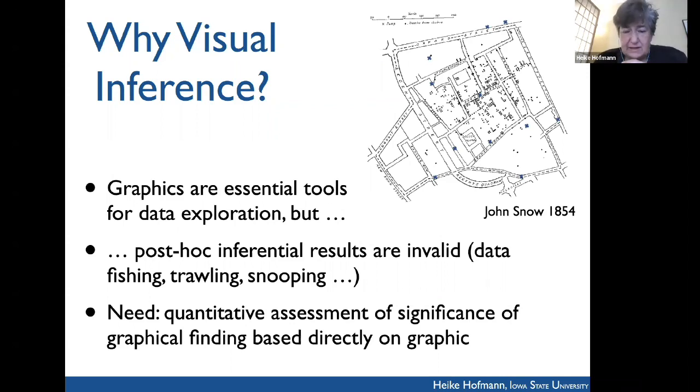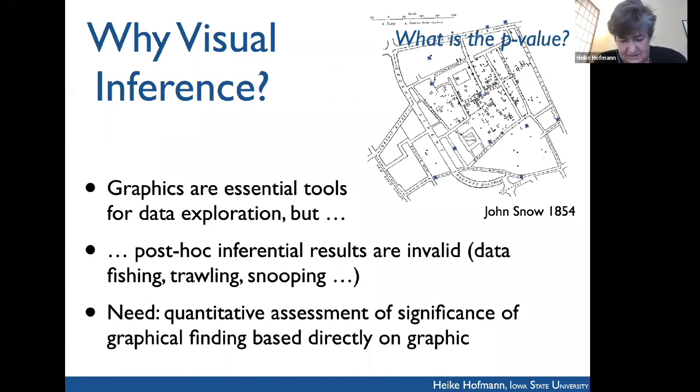And when he was trying to provide this map as evidence for cholera being a waterborne disease, the editors of the RSS were actually asking, what's the p-value of this? So what's the p-value of this finding? And eventually, a couple of years later, Dr. Snow actually managed to publish this paper.